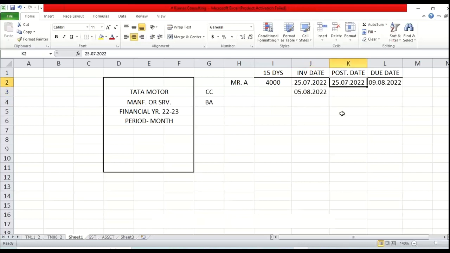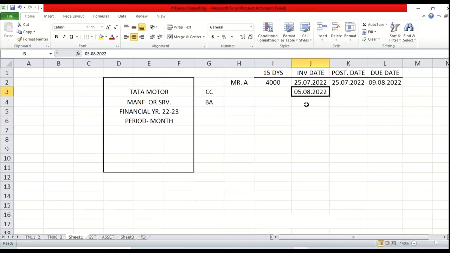So he is posting this invoice on 25th itself, but what is the actual date of posting, guys? The actual date is 5th, right? It means he has done certain manipulation. Today is 5th, but since this fellow has made the mistake, he knows that if he gives the invoice posting date as 5th, then the invoice is going to be due on 28th.